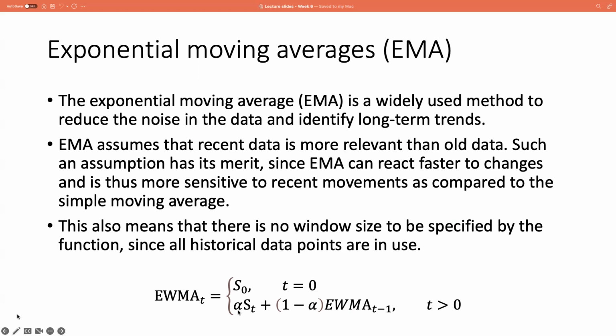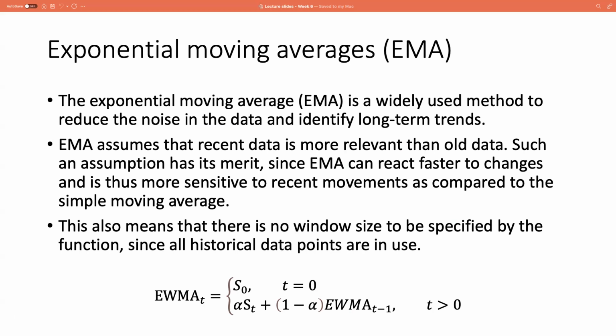If you look at the definition of EMA, or we can call it EWMA, exponentially weighted moving average, its calculation involves the current price point S_t and the historical exponential moving average, and this is a weighted combination with the weight alpha given to the current period, and 1 minus alpha given to the historical moving average. And of course, alpha is a value that ranges from 0 to 1.